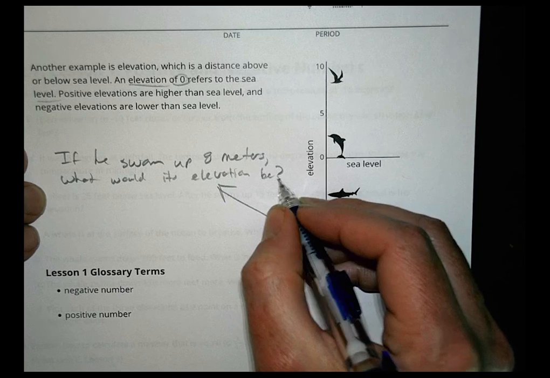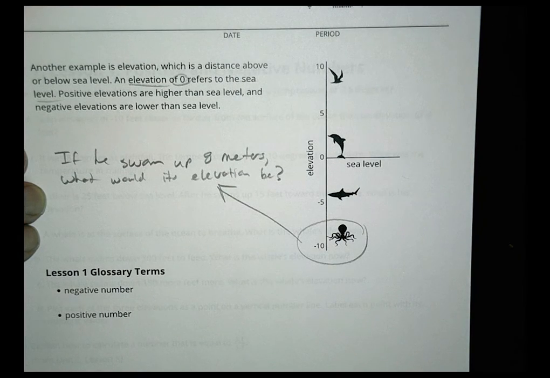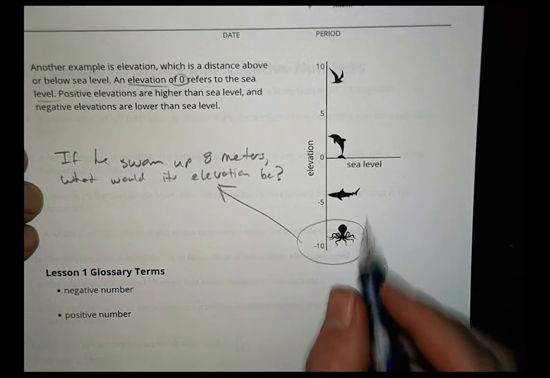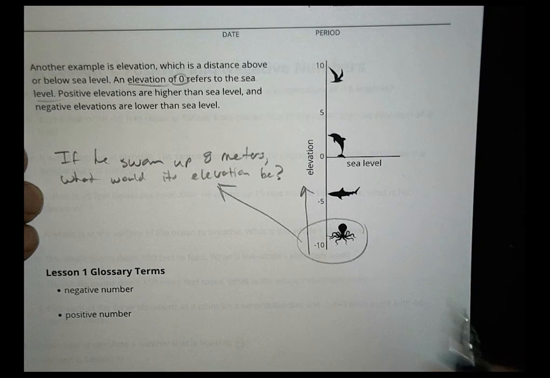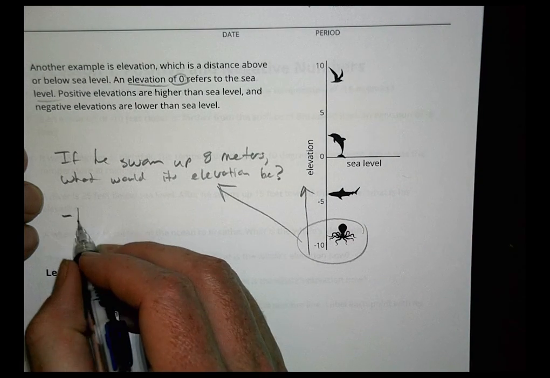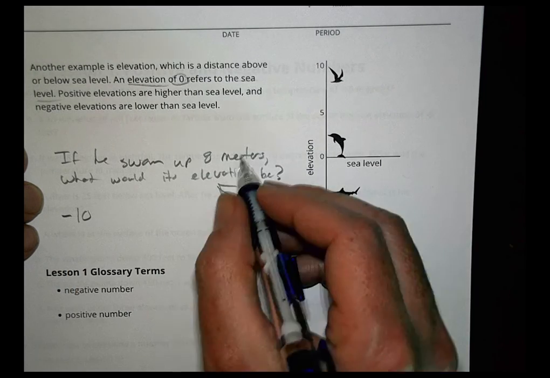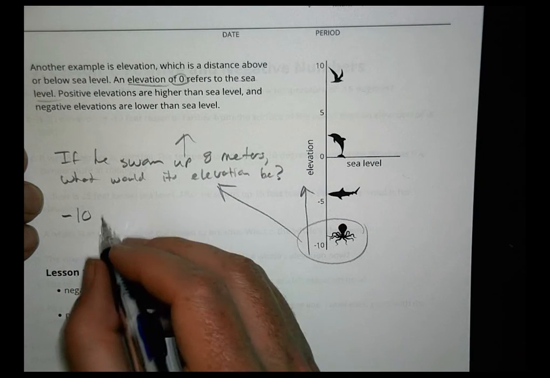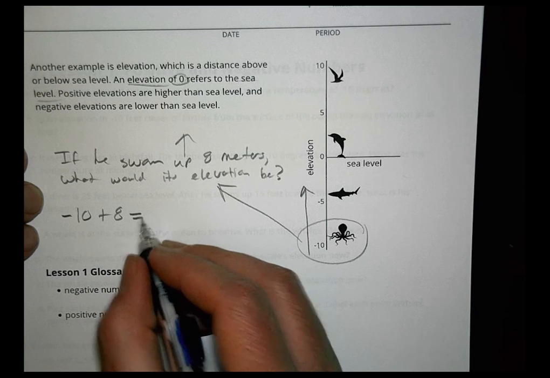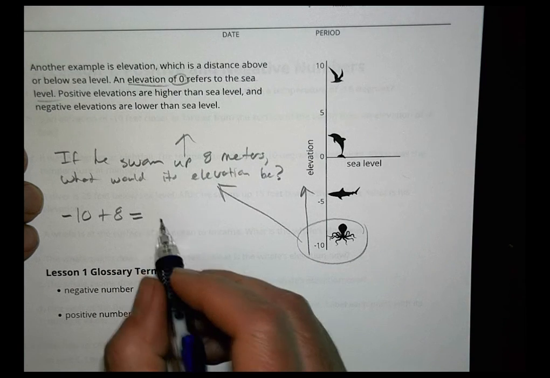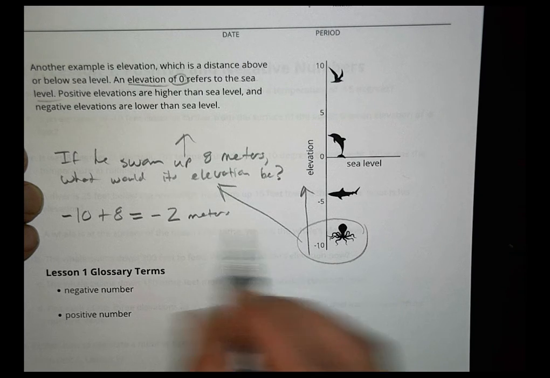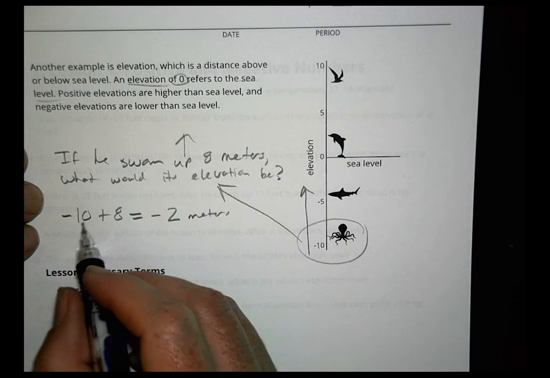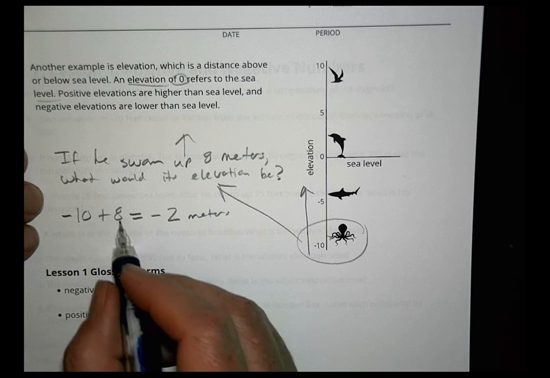That's a question you're going to have something similar to in your homework tonight, okay? So he's starting right here at negative 10. If he was to go up 8 meters, then we're going to take where he starts, negative 10, and because we're going to go up 8, we're going to add 8 to that, and it's going to give us a new location, which would actually be negative 2 meters, so it's still 2 meters below sea level, because a negative 10 and a positive 8 becomes a negative 2.